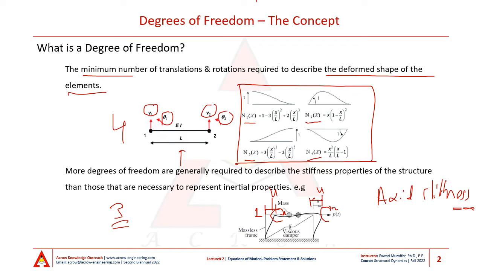And so the mass can only move horizontally, and because we are not assuming any rotational excitation of the supports, there is only one way in which the mass can move, and therefore the degree of freedom that is required to represent the inertial property of this frame element is 1. So here is an example of a typical scenario where more degrees of freedom are required to describe the stiffness properties of the structure as compared to the inertial properties.